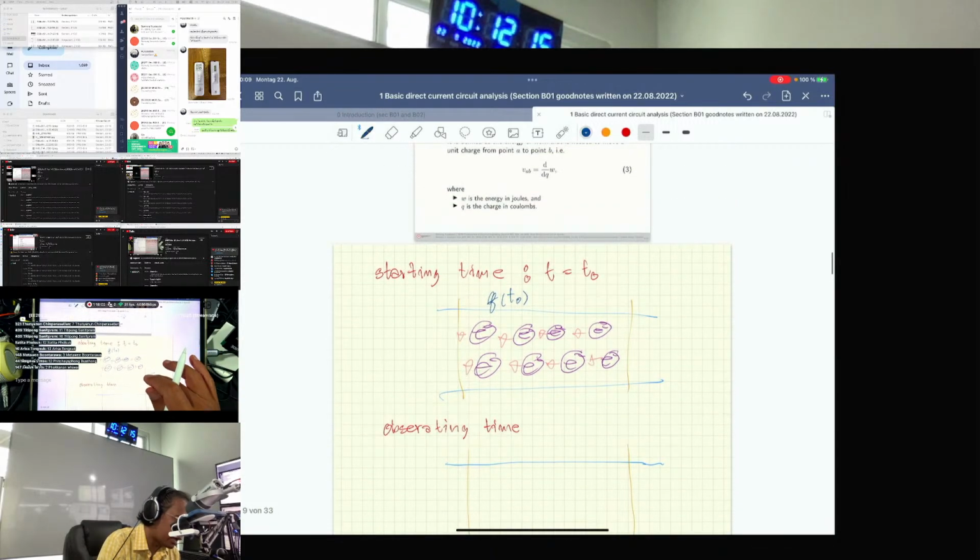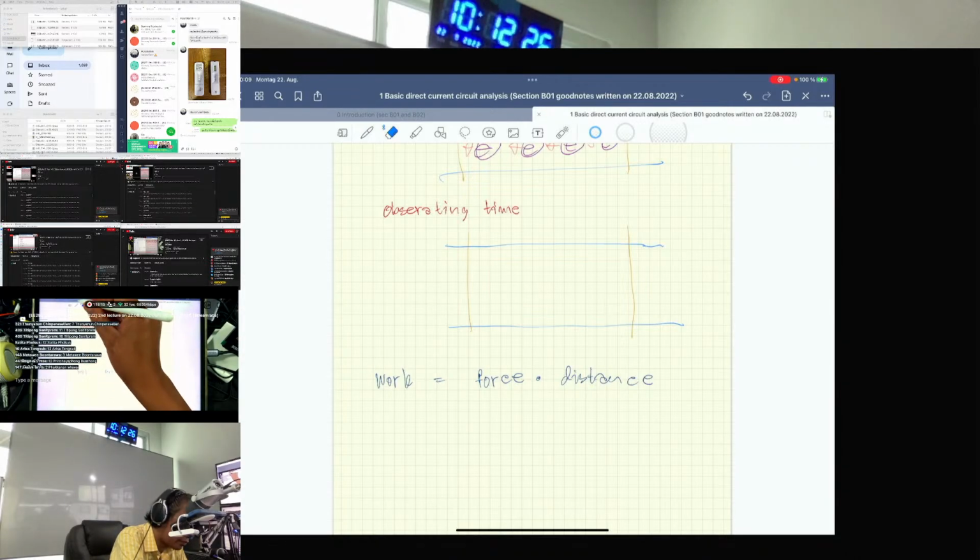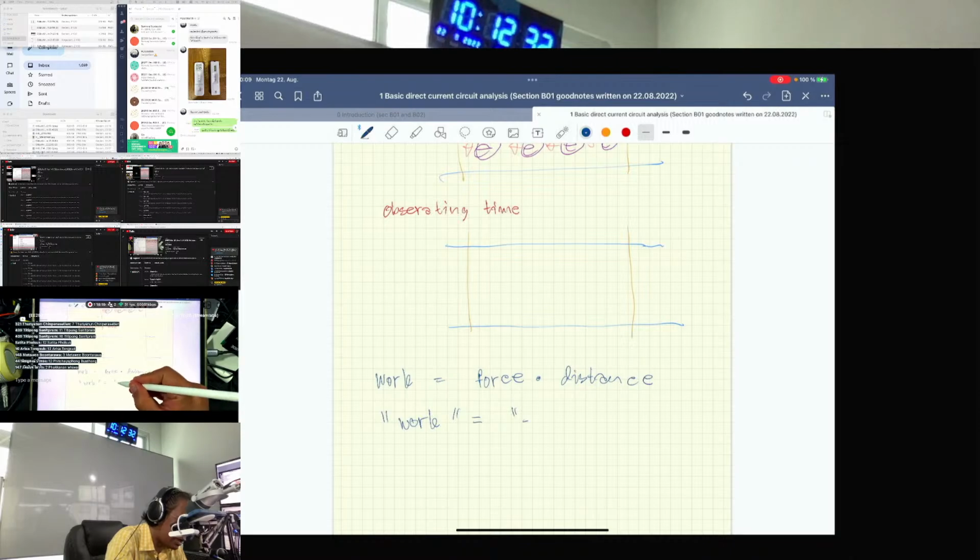And that's called energy, right? Or work. Okay, the word work in physics means the same thing as energy. It can somehow be called energy too.